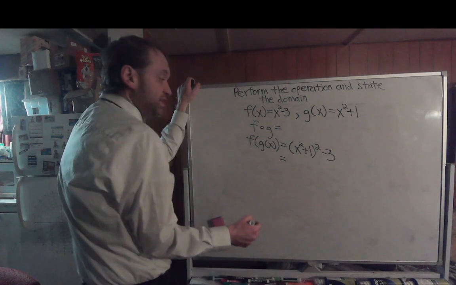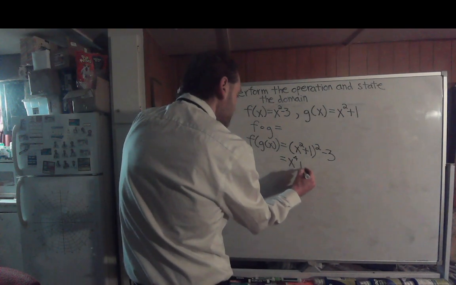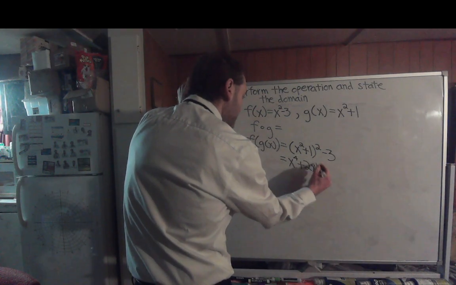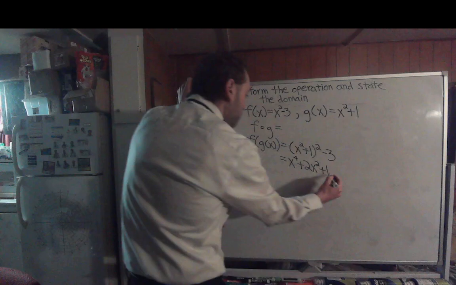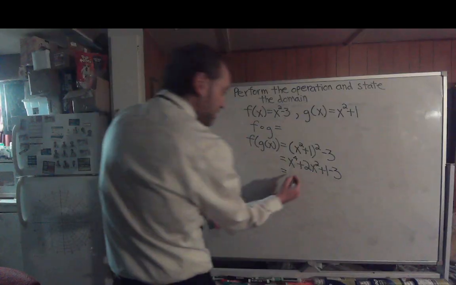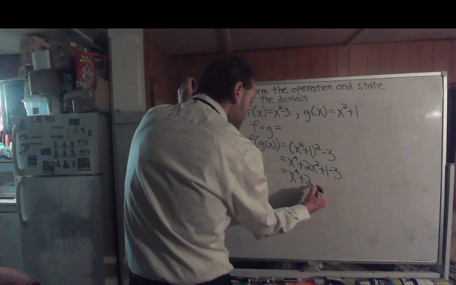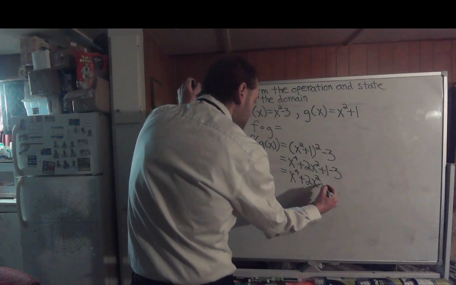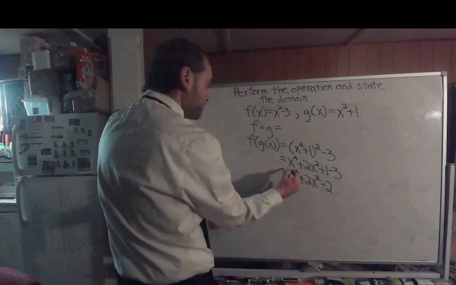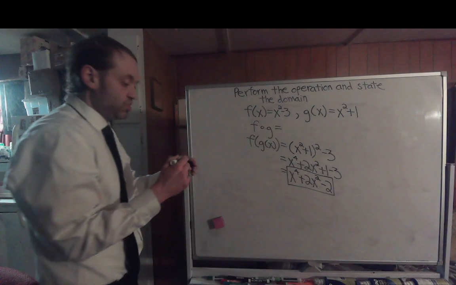Alright, so let's see, let's expand this out. You would end up getting x to the fourth plus 2x squared plus 1 minus 3, which would end up giving you x to the fourth plus 2x squared minus 2. So there's your f of g of x, f composition g.